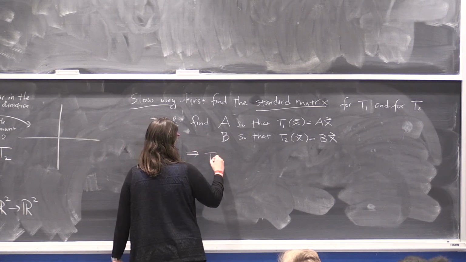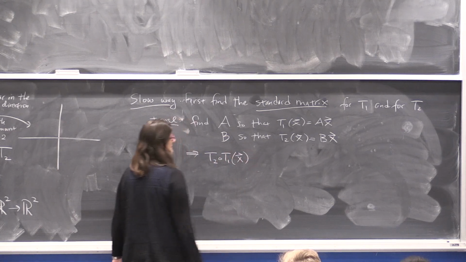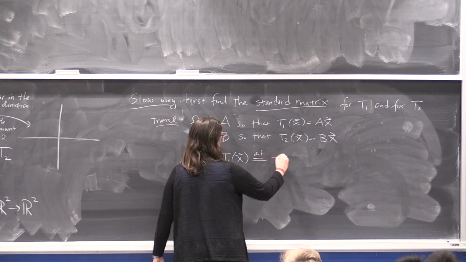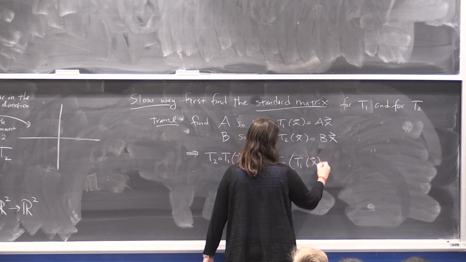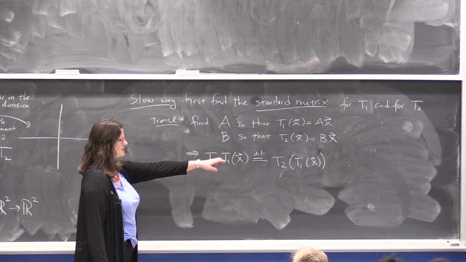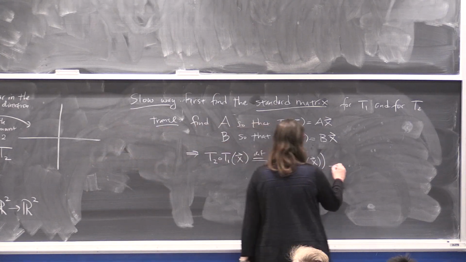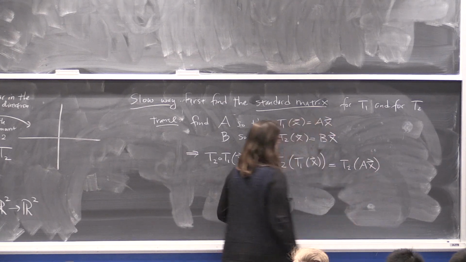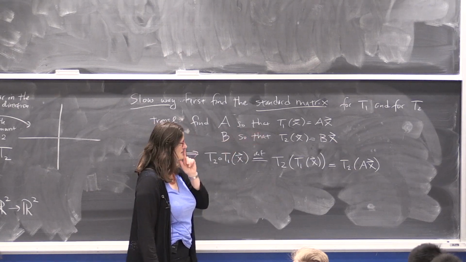Then that tells me that T2 composed with T1 of x, by definition, is T2 of T1 of x. To compute T1 of x, I just do A times x, because A is the standard matrix for the linear mapping T1.